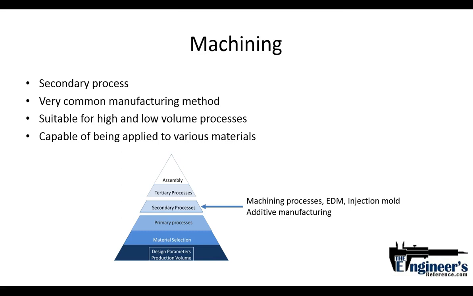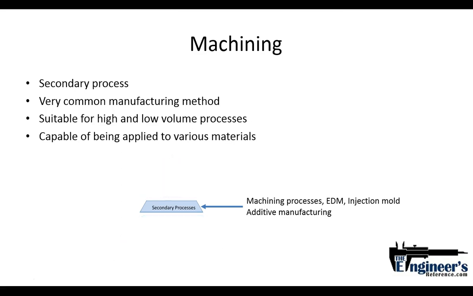It's one of the more common manufacturing methods. It's suitable for high and low volume processes, so it's very flexible. That's one of the reasons people like machining. And it's capable of various materials. There are very few materials that can't handle some type of machining process. So there it is, it lands as a secondary process.